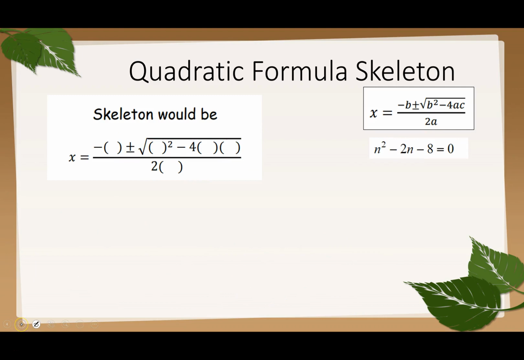Let's practice another one. Okay, here we've got A equals 1, B equals -2, and C equals -8. Maybe pause this video and see if you can plug in properly to the skeleton. All right, you should have gotten a -2 here. That's where your B is going. Another B is here. You've got your 4 already down. Your A is 1, and your C is -8, all over 2A.